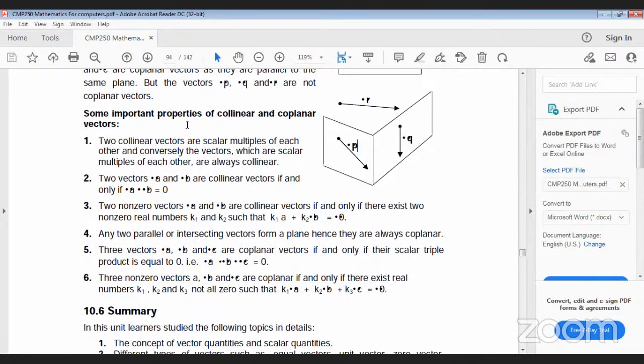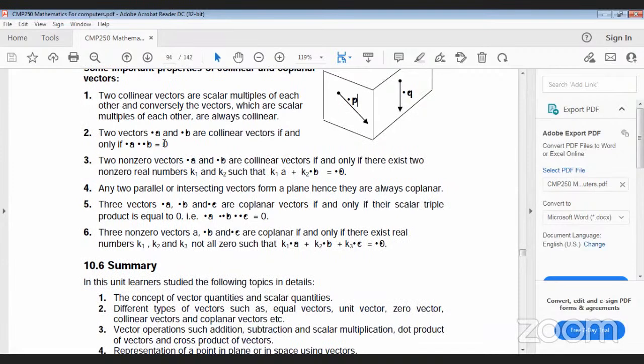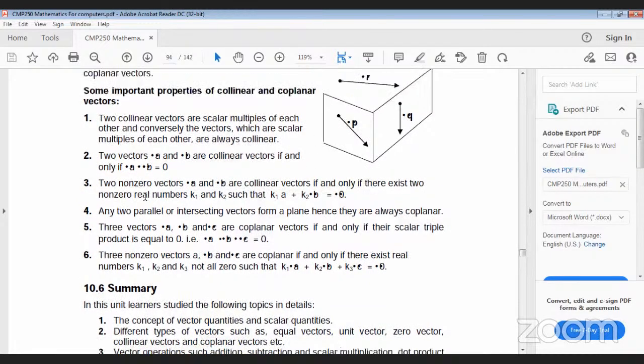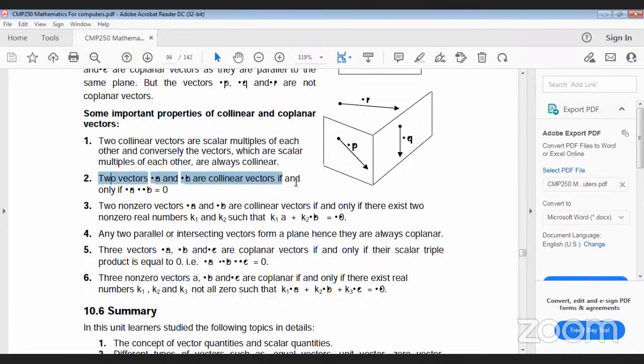See, important properties. Two collinear vectors are scalar multiples of each other. Conversely, vectors which are scalar multiples of each other are always collinear. Two vectors A and B are collinear vectors if and only if, see, collinear vectors is there. So when is this possible?